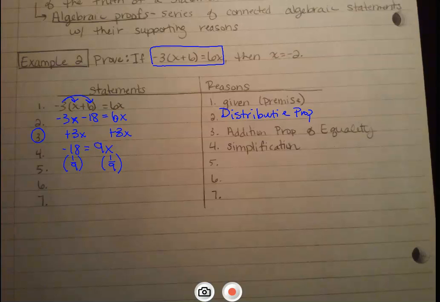But this is the multiplication property of equality. And that's going to leave us with negative 2 equals x. And what did we do there? We simplified, just like we had in step 4.